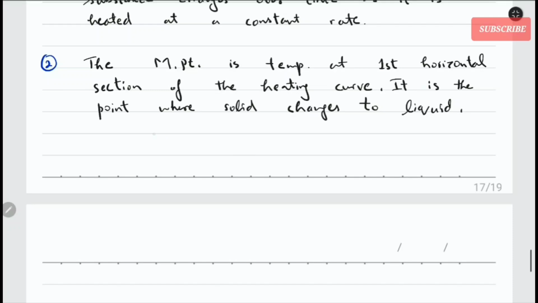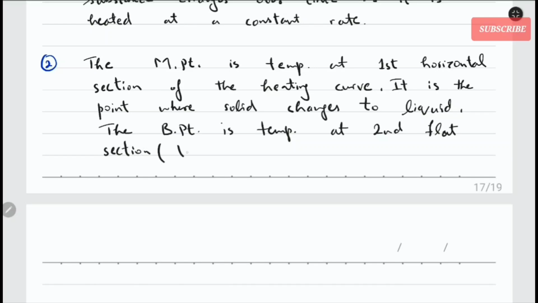Okay, now using the same logic here, we can say the boiling point, let's call it BPT, is the temperature at the second flat, or you can say horizontal, section, where the temperature doesn't change.